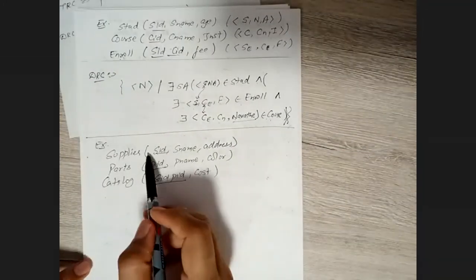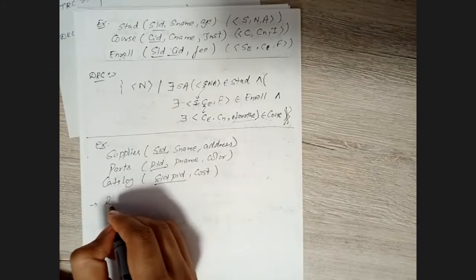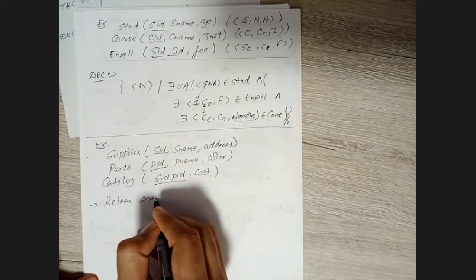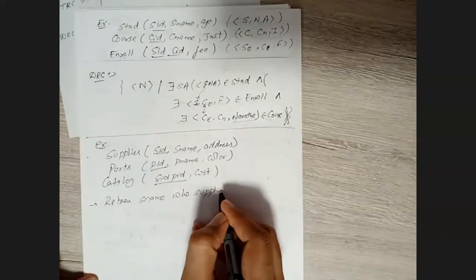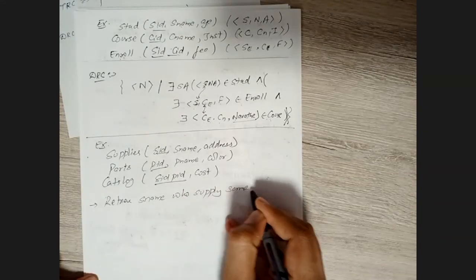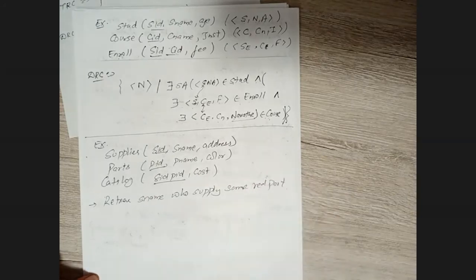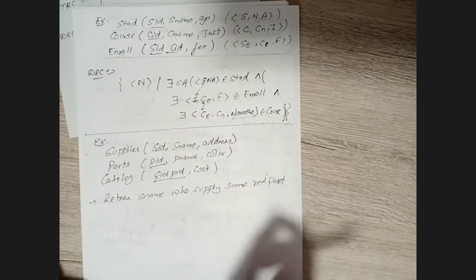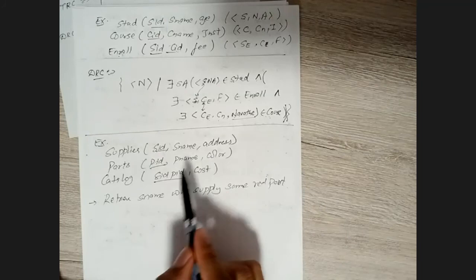So we have the supplier, parts and catalog here, right? So you can formulate the query to retrieve S name, the supplier's name, who supplies some red part. So the name of the supplier who supplies some red part over here. In this case, probably you need the S name as well as the color as well as the catalog.